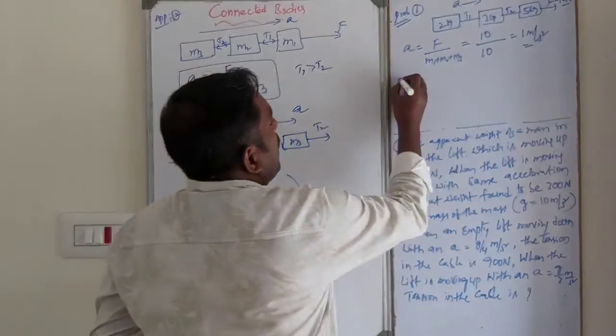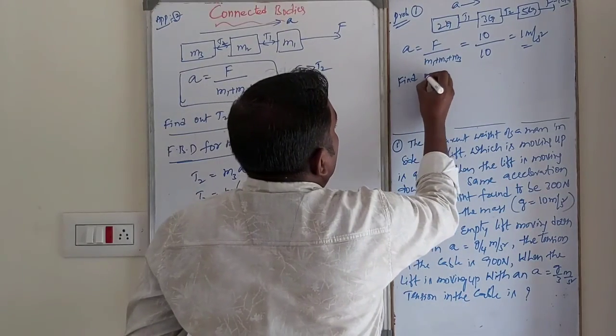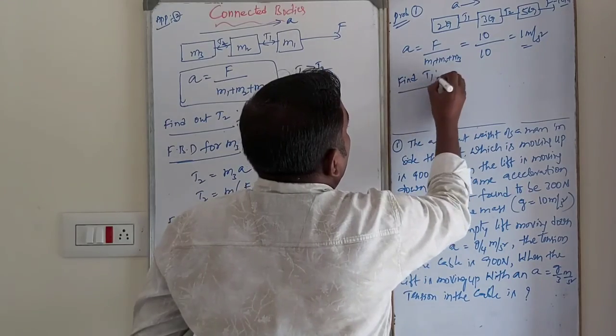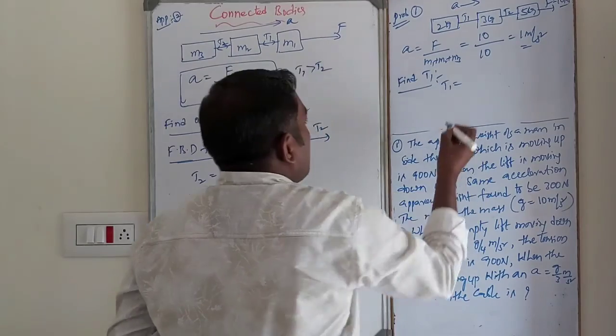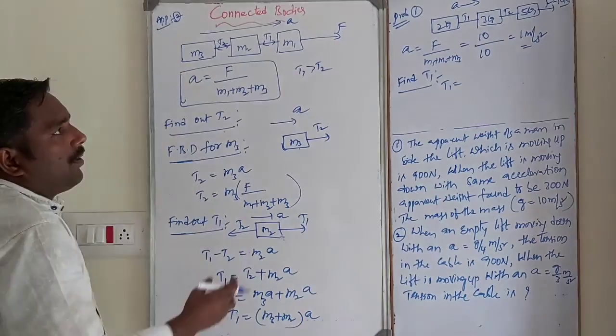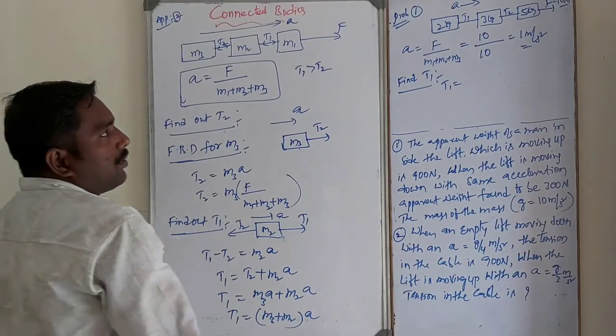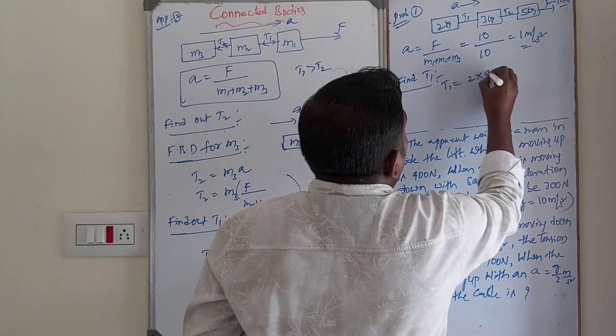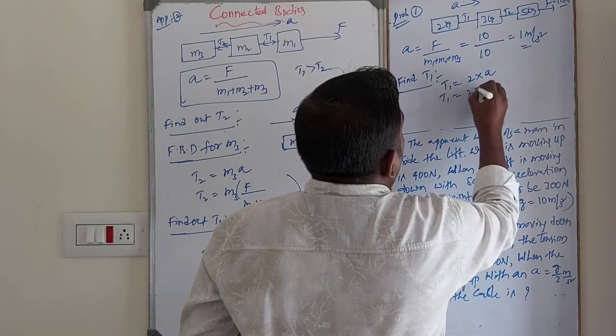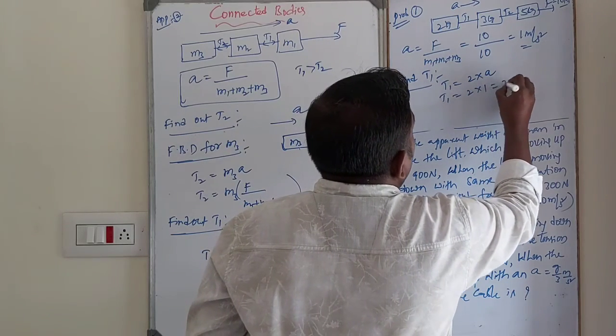Then find out T1. How to find out the value of T1? So T1 is equal to what? Already we know, like this. T1 is equal to mass into acceleration, that is 2 kg into acceleration 1. That is 2 Newton.